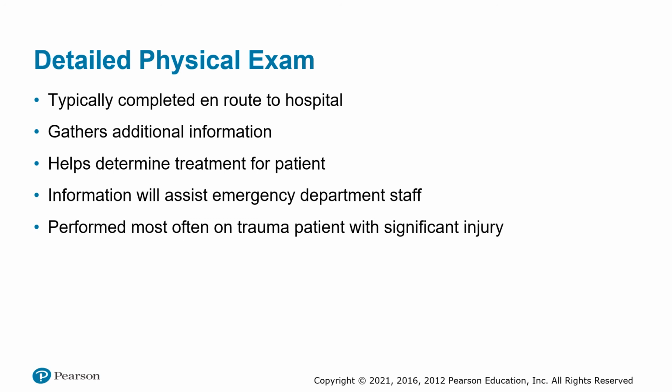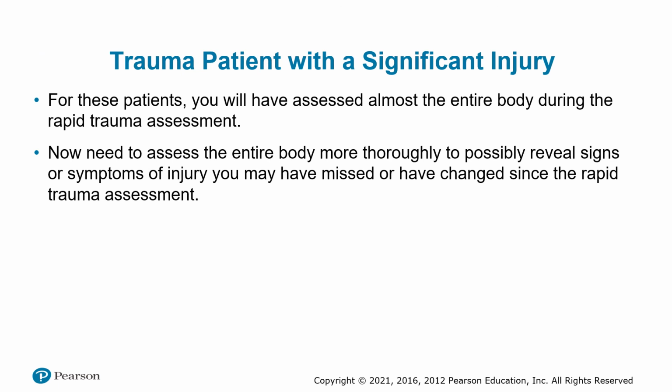So you do your on-scene rapid trauma exam, and then after you get them in the back of the truck and you've got a little bit more control, you've got some time to do things because we've taken care of all the life-threatening things. Now we can focus on the non-life-threatening things, and we can take our time to do a detailed physical exam.